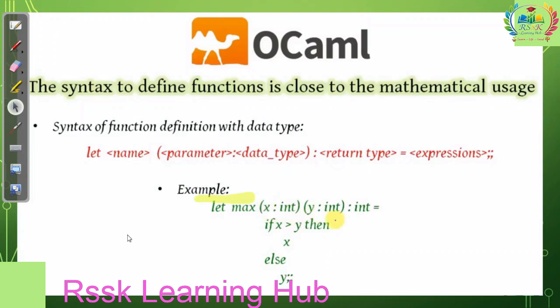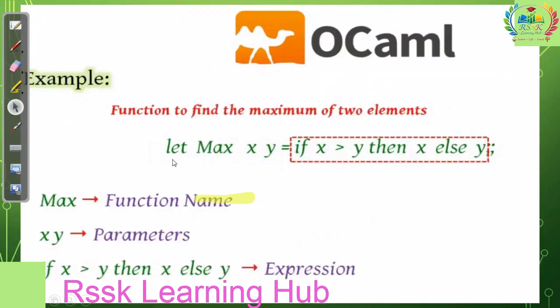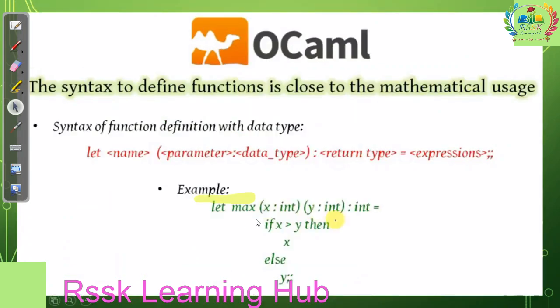Compare with your previous code. This is your previous code, right? Let max x y is assigned. If x greater than y, then x else y. Now see this one. Let max, same condition. After x, you have to specify the data type. Similarly for any number of parameters. Now it's the same condition. If x greater than y then x, otherwise y.